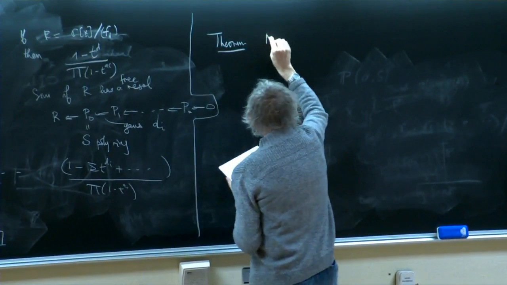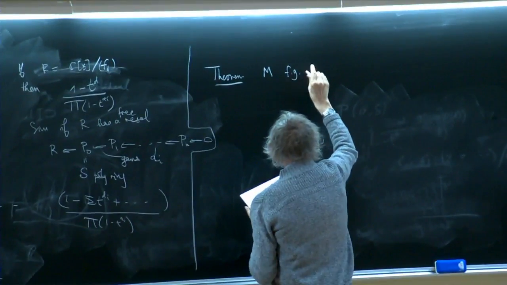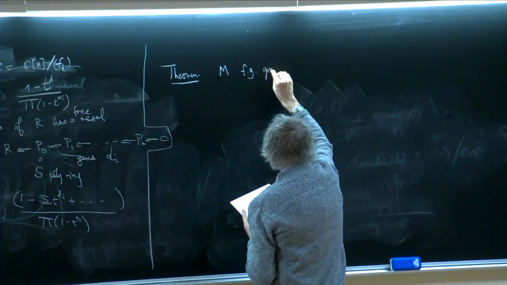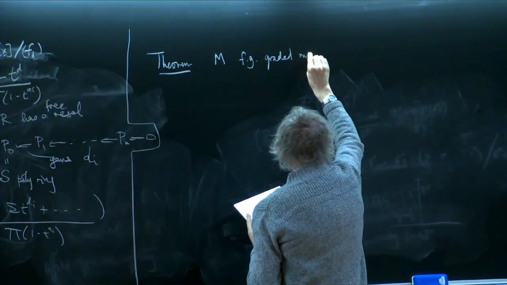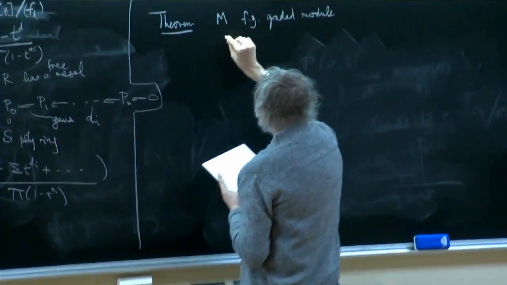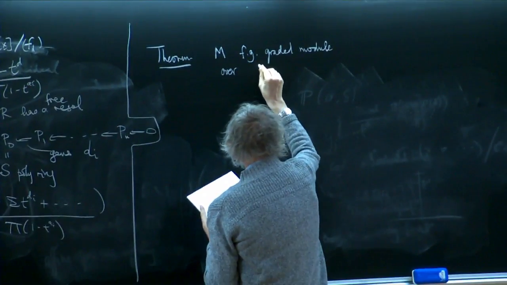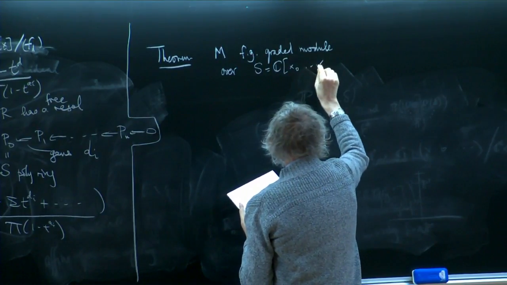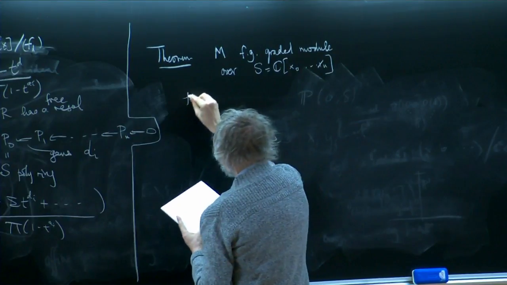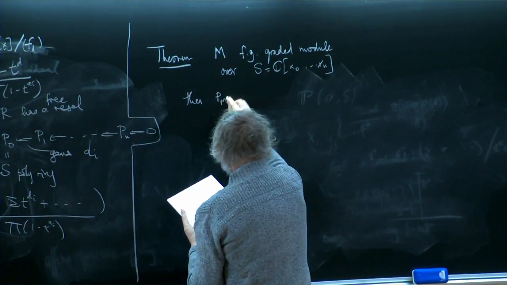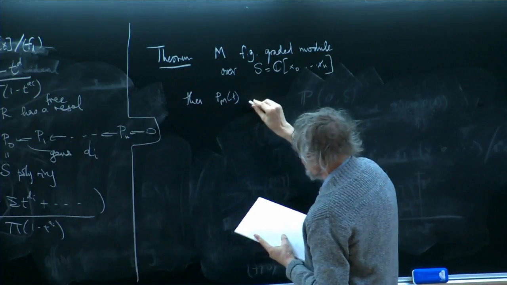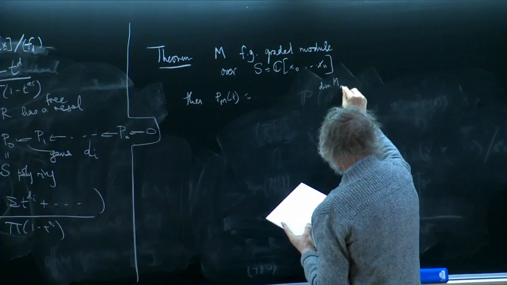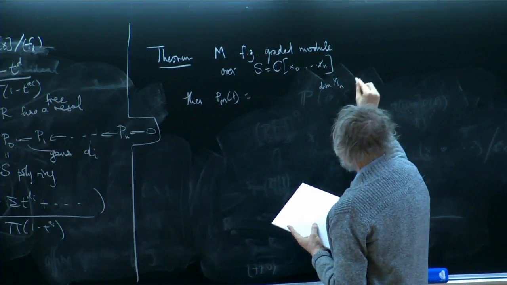So if M is a finitely generated graded module over the polynomial ring S, then the Hilbert series P_M(t) is the sum of the dimension of M in degree n times t to the n.